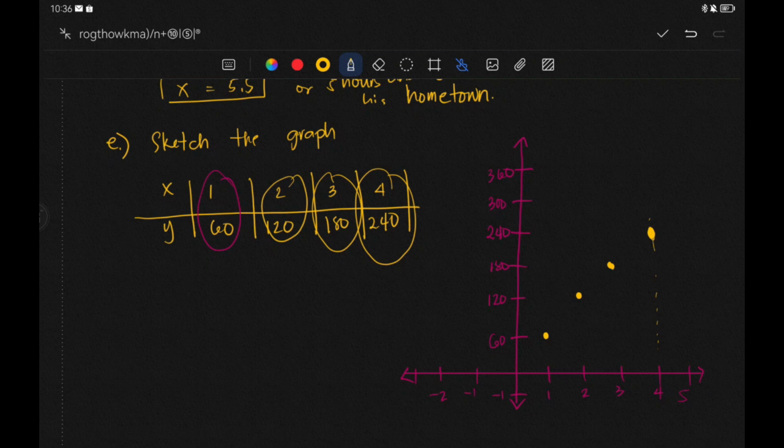Now, let us connect the coordinates or points. So this is now our graph.